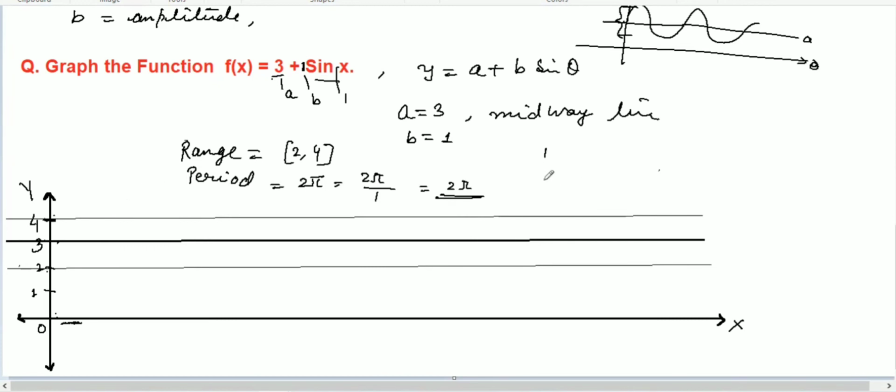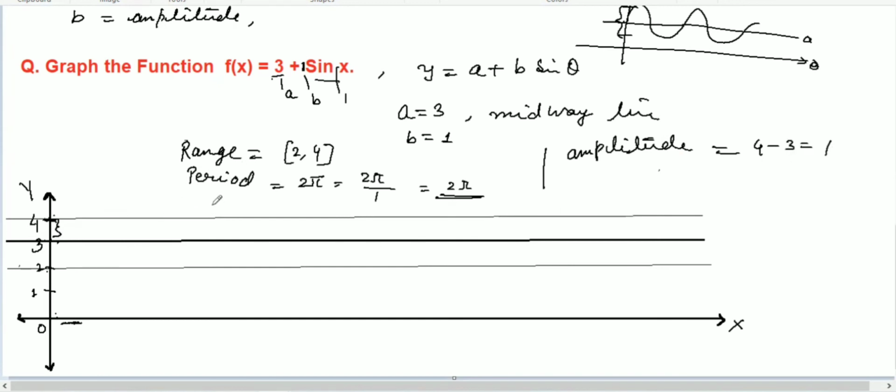If there is a question, what is the amplitude of the graph here? Amplitude is the distance after the midway line, so your distance is only 1. Or you can find the amplitude from the maximum and the midway line: 4 minus 3 equal to 1.